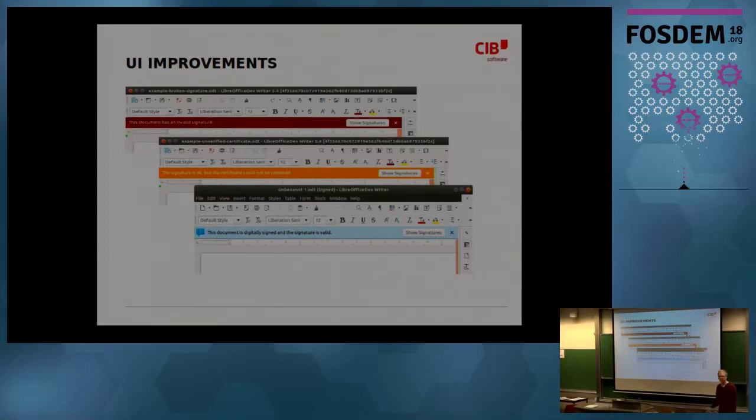I think Heiko is responsible for that. Thanks. So you see at first sight with the color and the text if your signature is valid. If it is valid but the certificate could not be validated, that might be the case if you have a key which is not trusted in the GPG wording. And it is dark red if the signature is broken. That means the document has been changed.